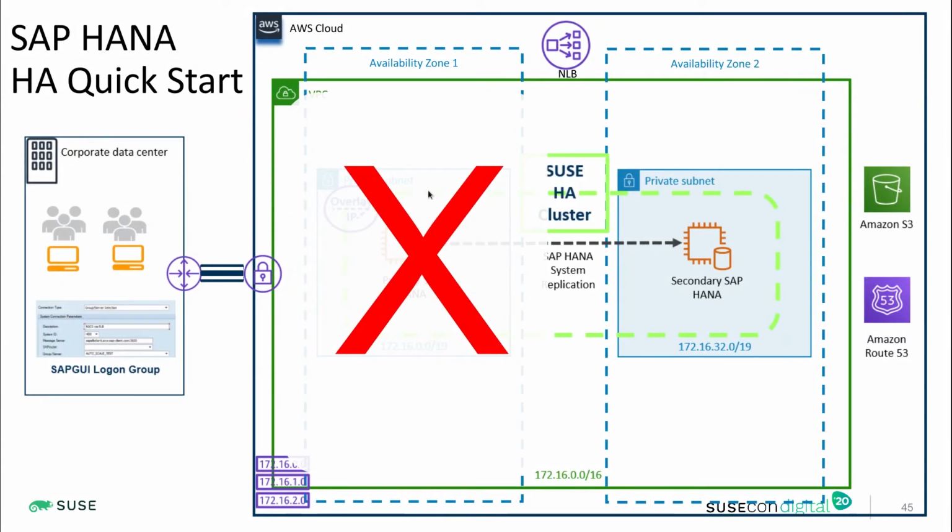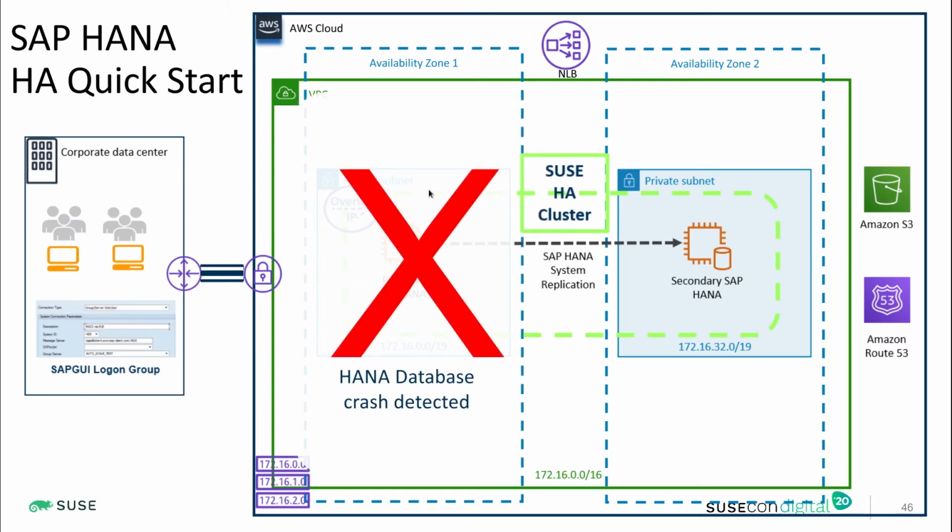So let's see the expected outcome in detail. The primary HANA database is crashed on the primary HANA database node. The cluster detects the crashed primary HANA database on prehana and marks the resource failed. The HANA takeover will be executed.